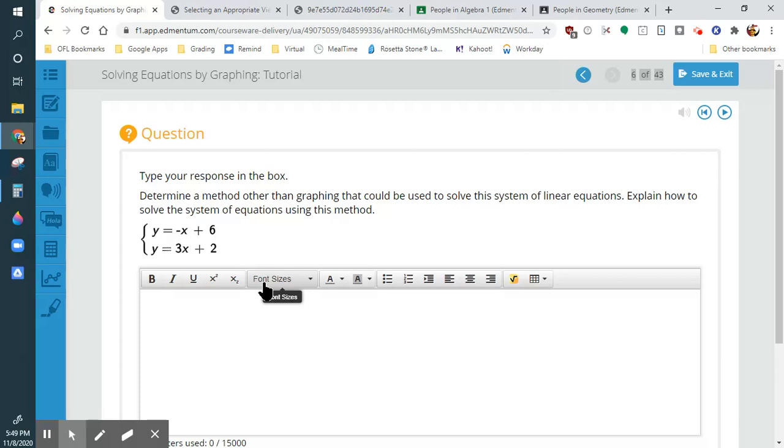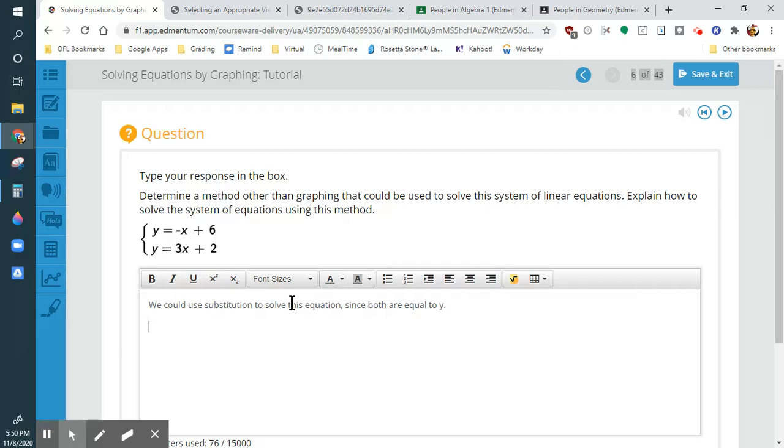So determine a method other than graphing that could solve this. We could use substitution to solve this equation, since both are equal to y.